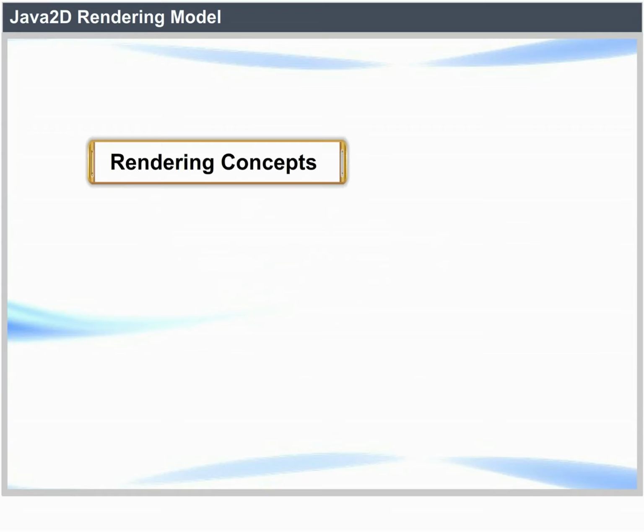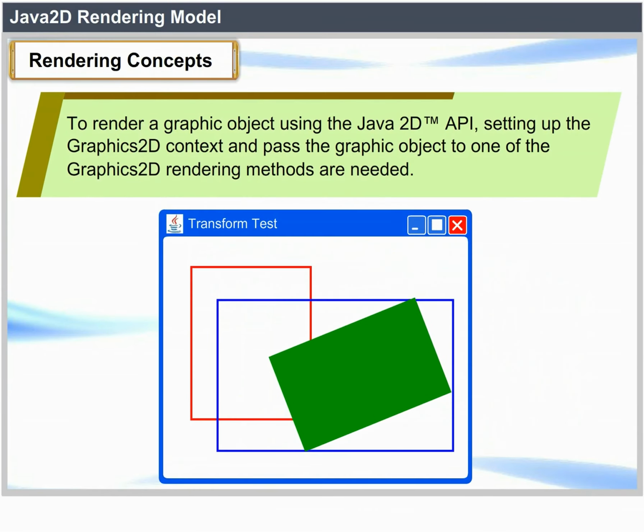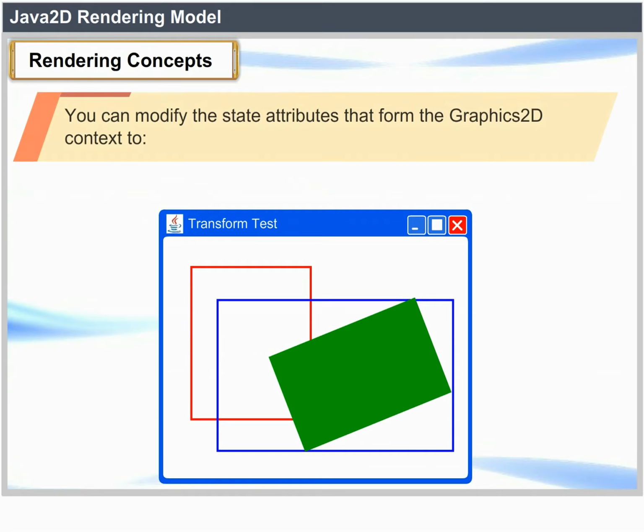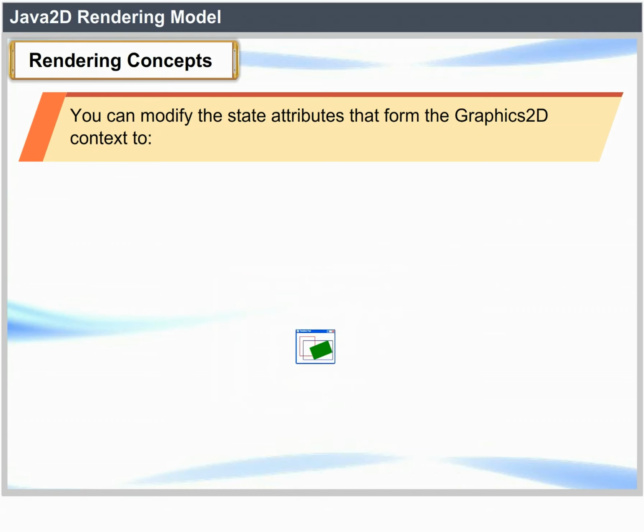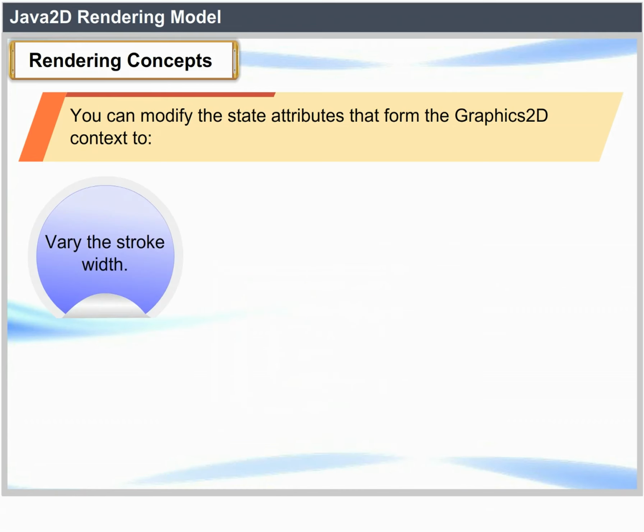Rendering concepts. To render a graphic object using the Java 2D API, you need to set up the Graphics2D context and pass the graphic object to one of the Graphics2D rendering methods. You can also modify the state attributes that form the Graphics2D context. Vary the stroke width.